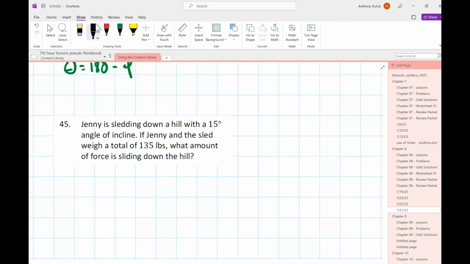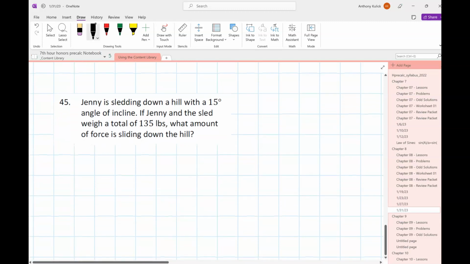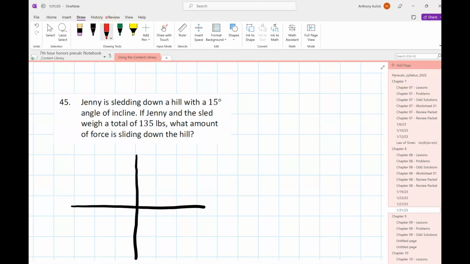Okay. What's the difference between this one and the previous question? Yeah, it's a reading thing. So if we're sledding downhill at an angle of incline of 15 degrees, there's my angle, so this is 15 there.